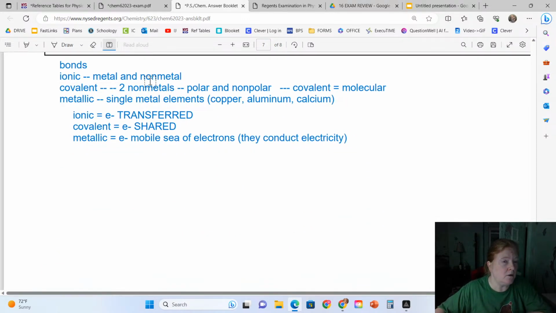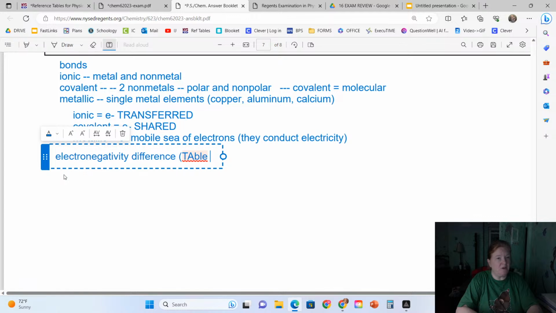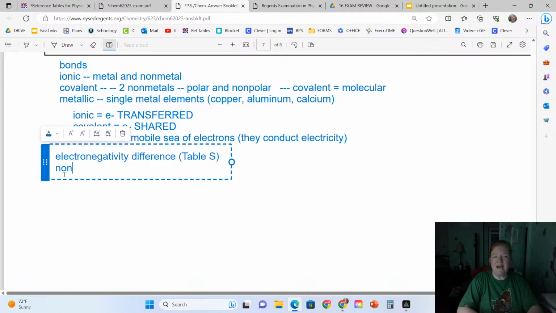So how am I going to know if it is polar versus non-polar? That I need to know electronegativity difference. Okay, so electronegativity is on table S. And if it is non-polar, the difference is very close to 0, so less than 0.5.